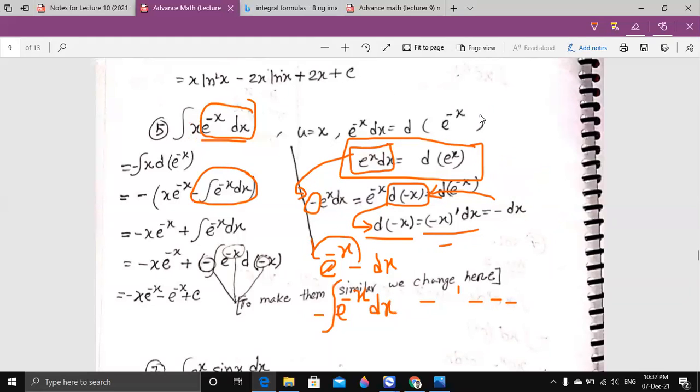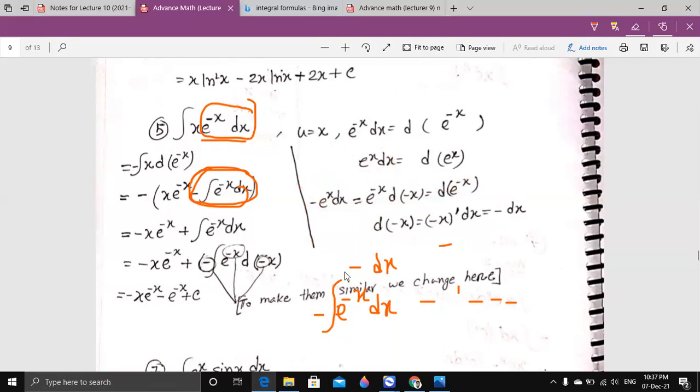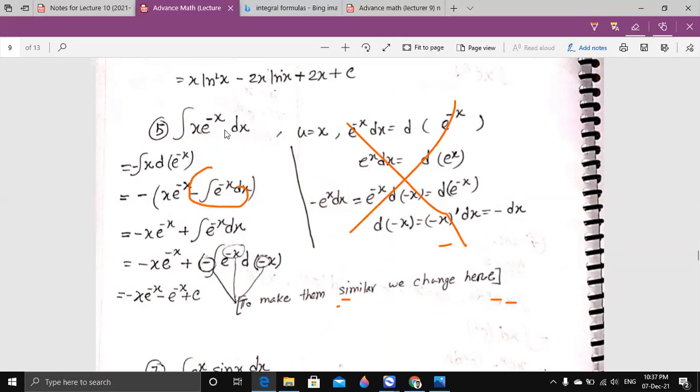Later on you don't need to follow all these things. As you already know, we can somehow calculate this part, and we can get minus integration of e to the power minus x dx. So you can think of another way, without mixing all these things. Just forget this. You see here we have e to the power minus x dx, right?